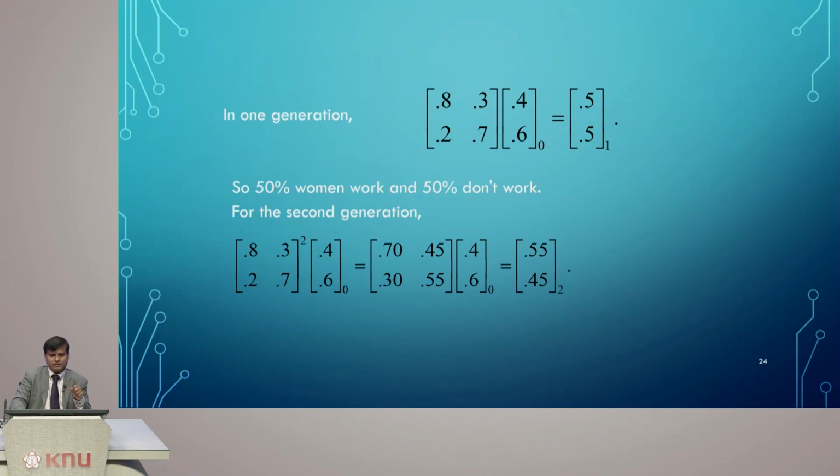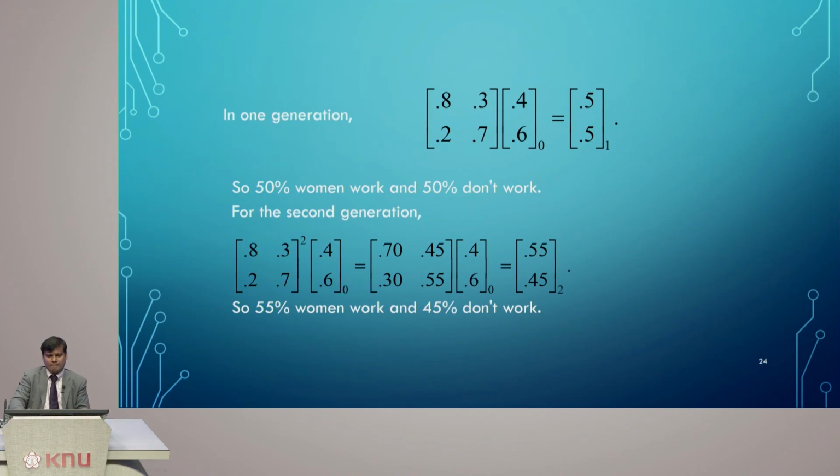This gives us the actual results for the second generation, which is 55% women worked and 45% do not work. That is the observation that you get after two generations. Again, take note of the assumption that the transition matrix, the probability matrix, did not change.